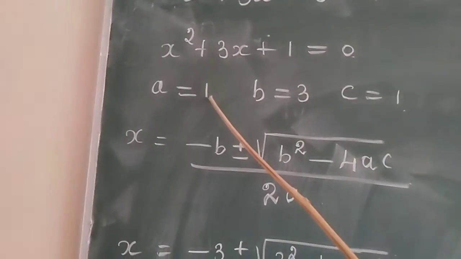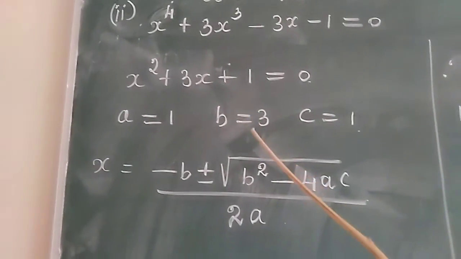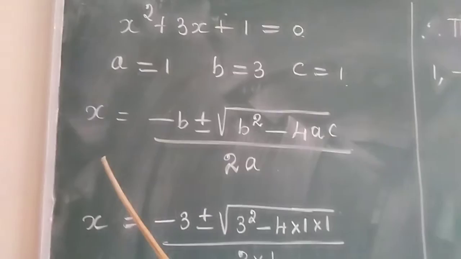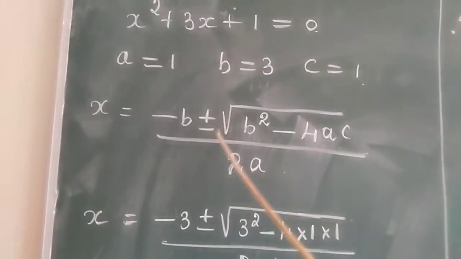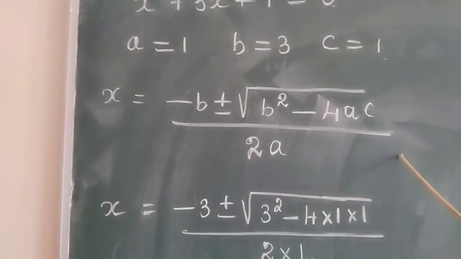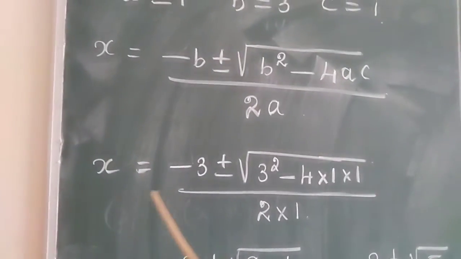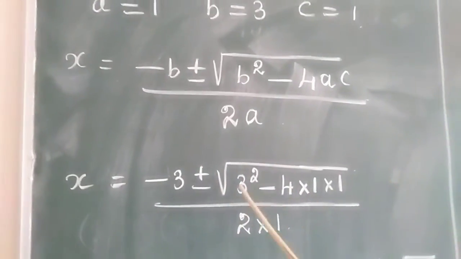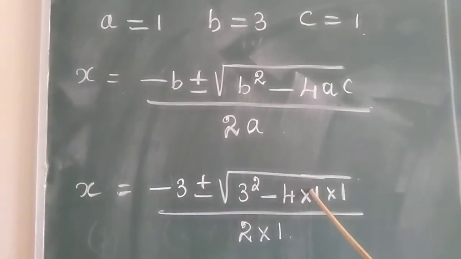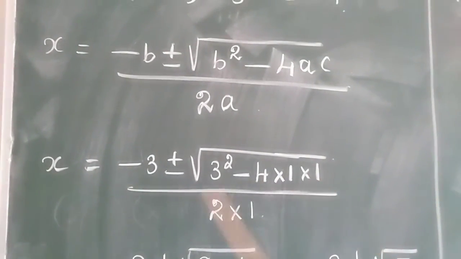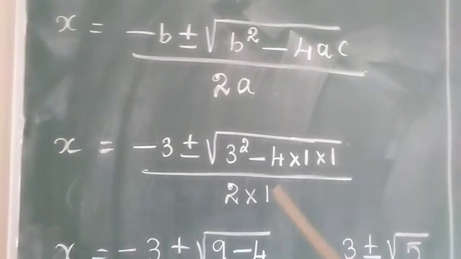The value of a is 1, the value of b is 3 and the value of c is 1. Now the formula is x equal to minus b plus or minus square root of b square minus 4ac divided by 2a. If we substitute the values, x equal to minus 3 plus or minus square root of 3 square minus 4 into 1 into 1, divided by 2 into 1.